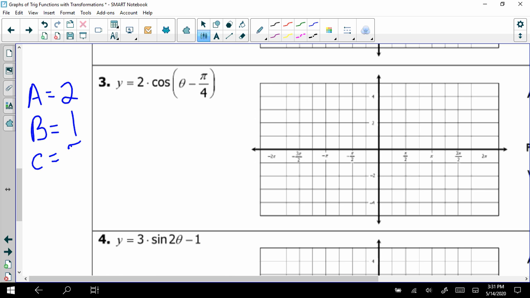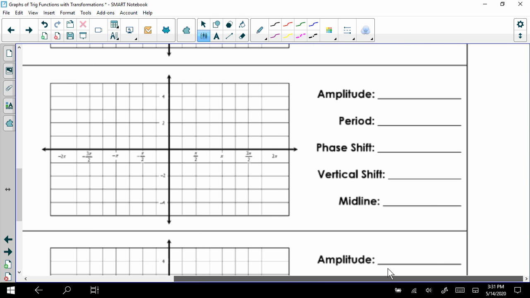Remember, it's theta minus C. So that's going to go to the right, pi over 4, and the value for D is 0. So that's the same as our parent function. So the things that are going to change are my amplitude, and I'm going to have a phase shift. So the amplitude is 2. The period stays the same because B is 1.